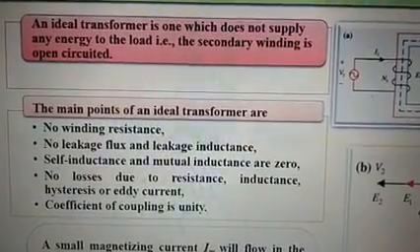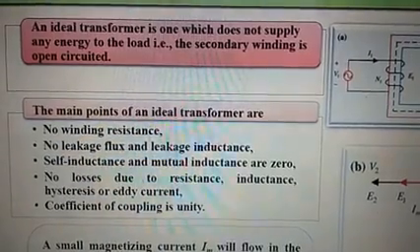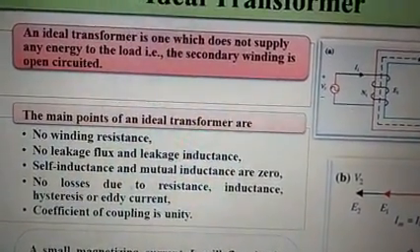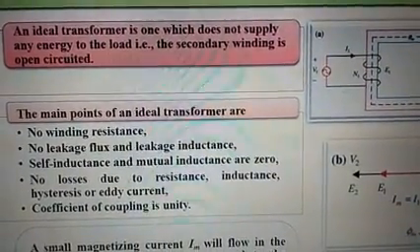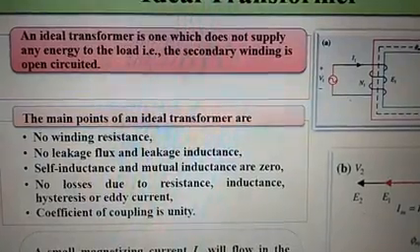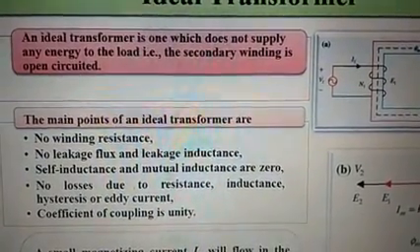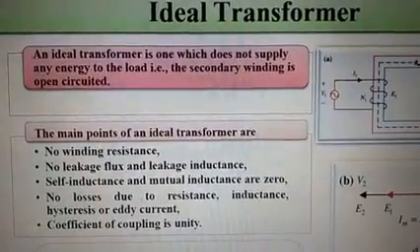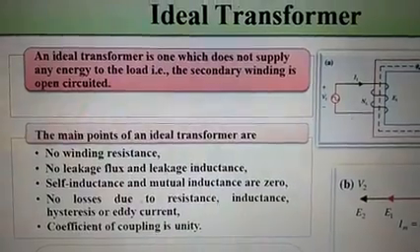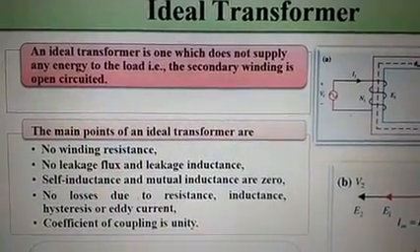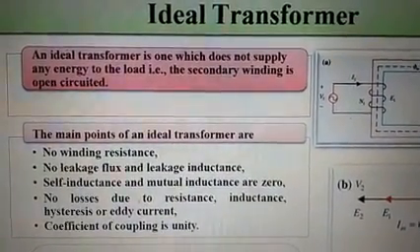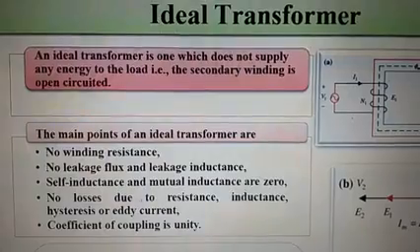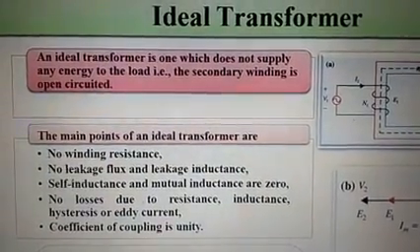It means the primary winding flux is 100% coupled with the secondary flux. Whatever flux is induced in the primary winding is 100% linked with the secondary winding, and it is complete ideally. Theoretically it is not possible because there is some leakage flux in the primary winding as well as the secondary winding.